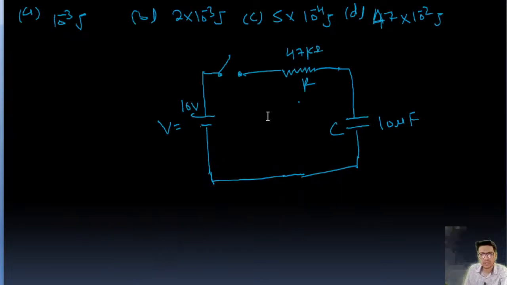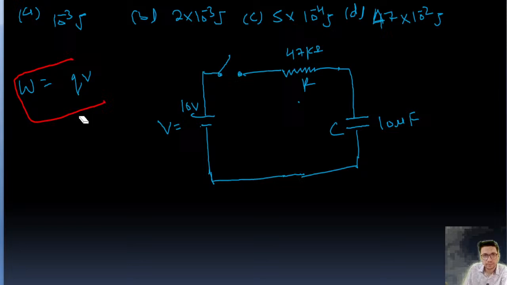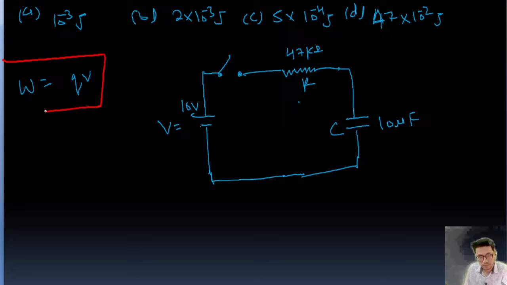So first, this is a very simple formula based question, guys. We should know total work done by the battery is W equal to QV. Note it down, guys. And also we know that Q equal to CV.